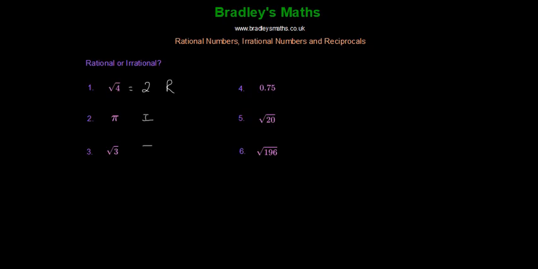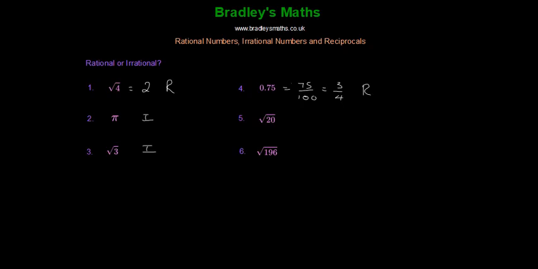This is irrational because 3 is not a square number. 0.75 is a terminating decimal. It is 75 over 100, which equals 3 over 4, and this is rational.